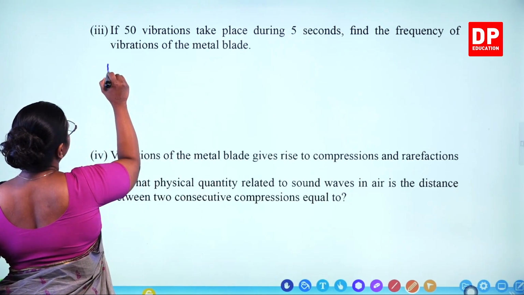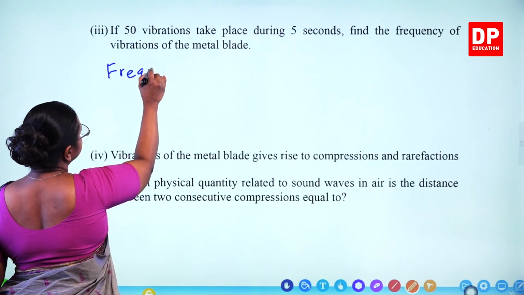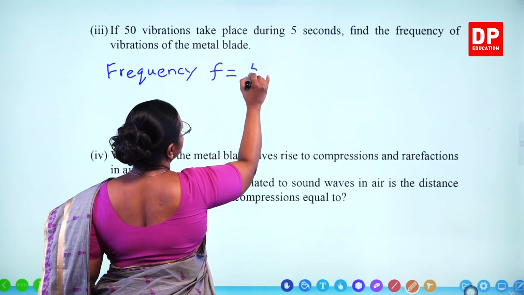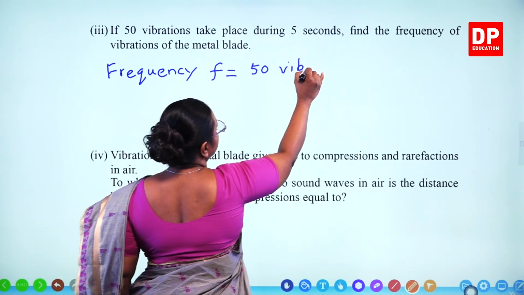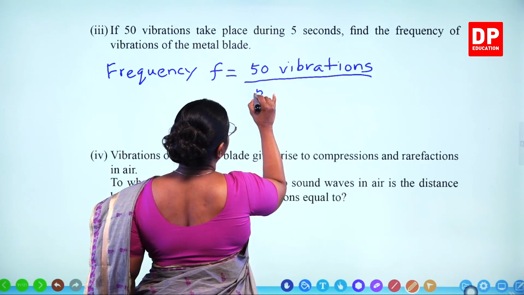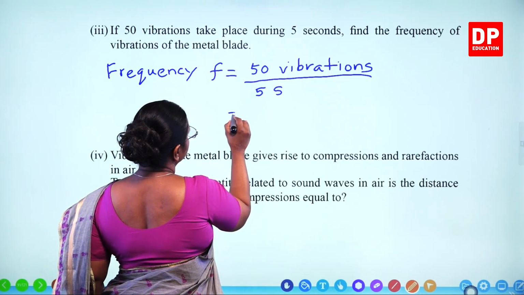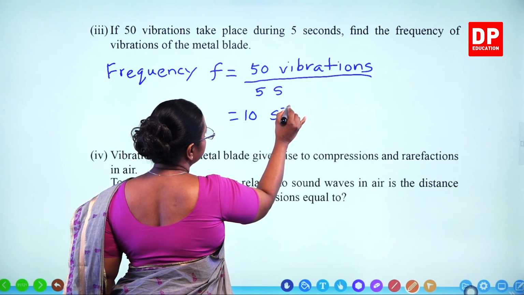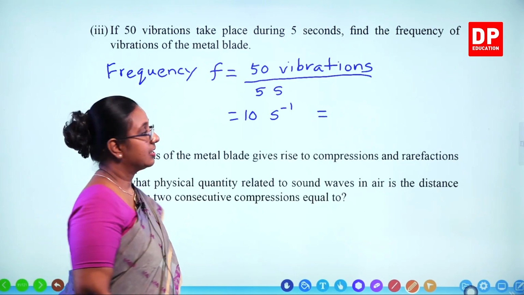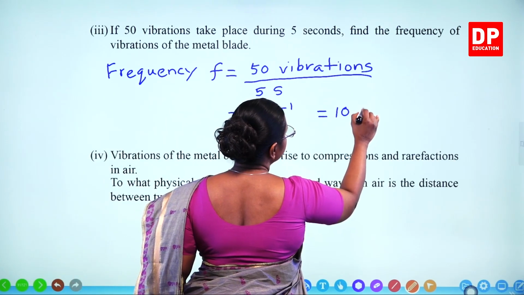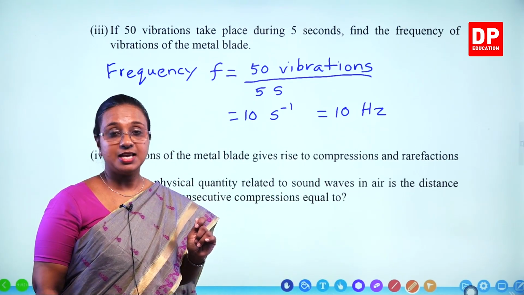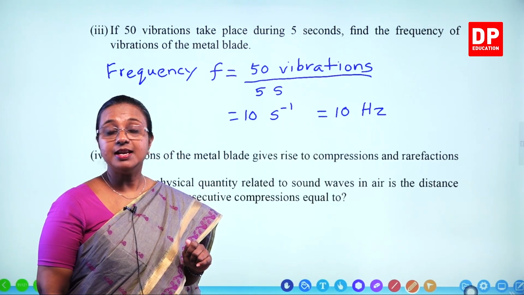So here frequency F is equal to 50 vibrations divided by 5 seconds. That is equal to 10 per second. What is this unit equal to? Hertz. That is the standard unit of frequency. So 50 divided by 5, 10. The frequency is 10 Hertz.